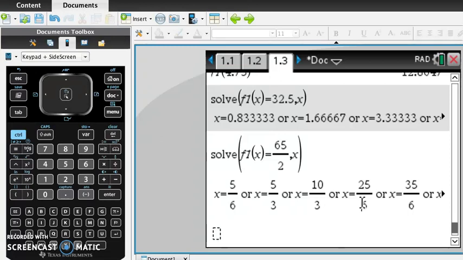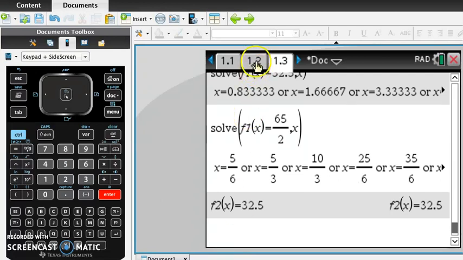During the making of one batch of the product, for how long is the volume of the product in the drum 32.5 litres or greater? So maybe if we want, let's just put a second function f2 of x equal to 32.5.